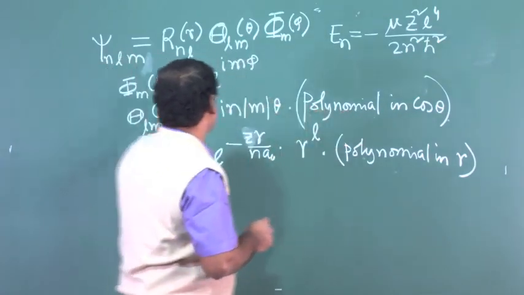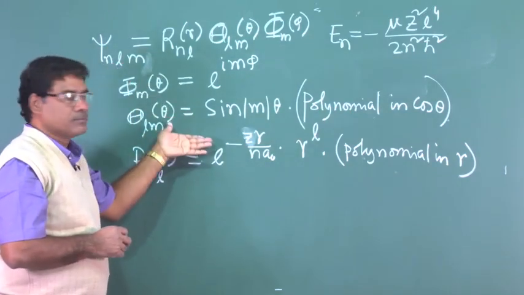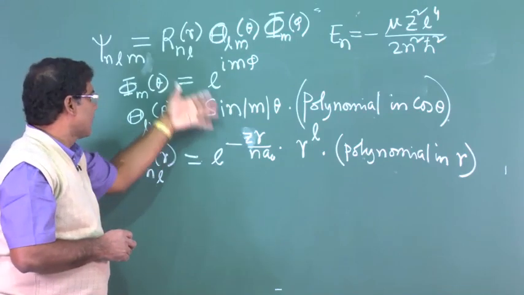So these are the wave functions for hydrogen like atom, and their form is this.